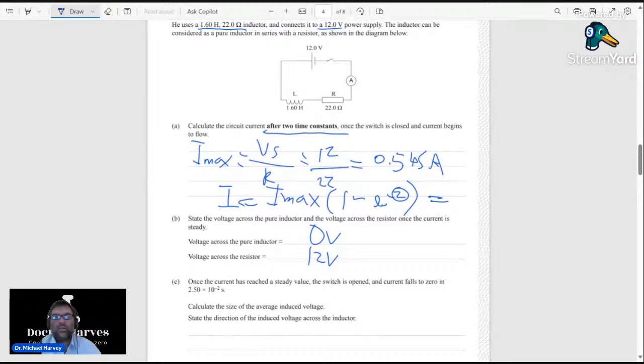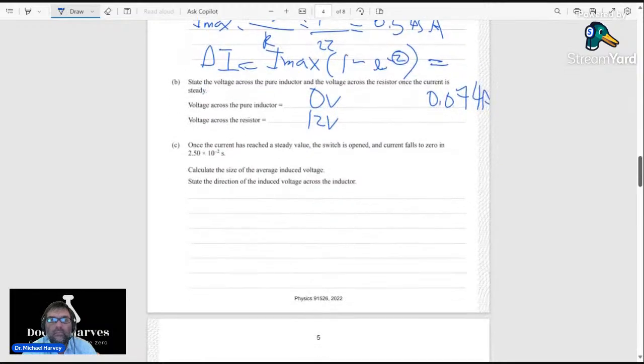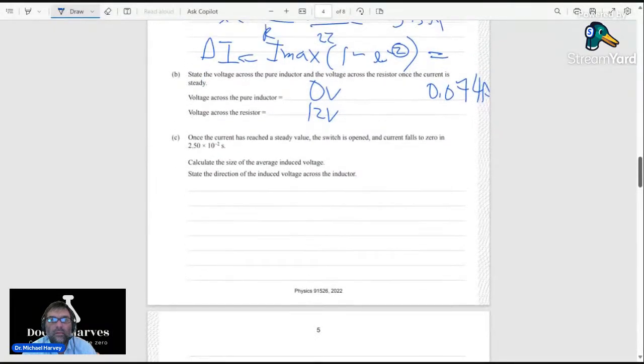So that's the changing current, the amount that would have been lost. So that means that it's 0.07 amps after 2 time constants. So okay, 37%, 37%. That makes a lot more sense. That's how much is lost.